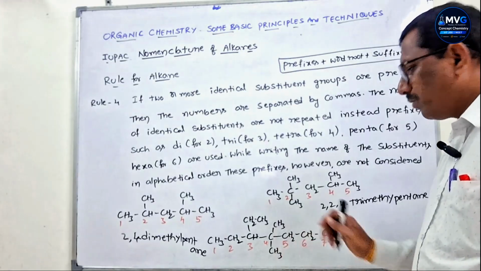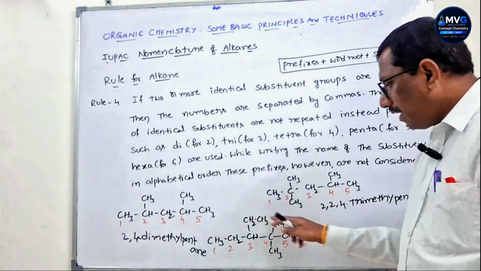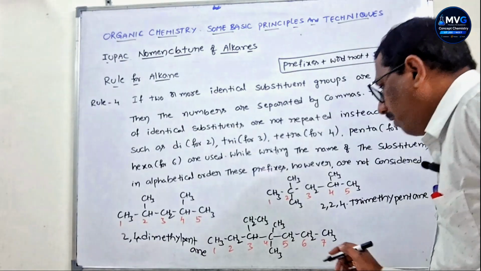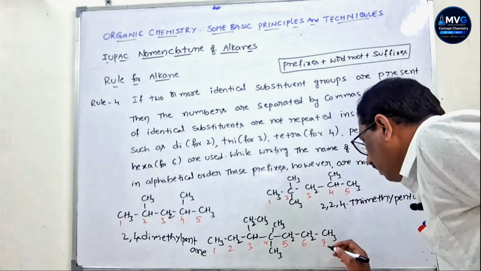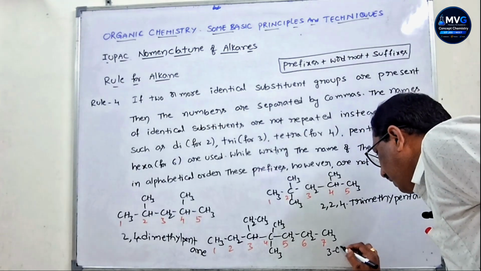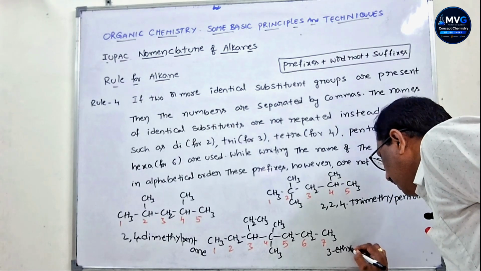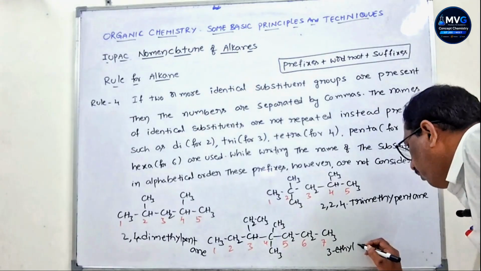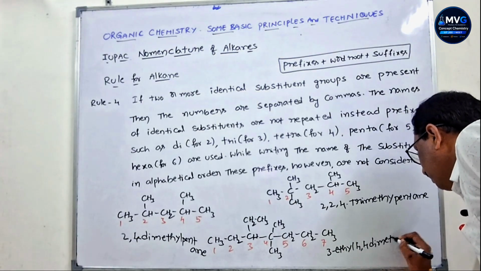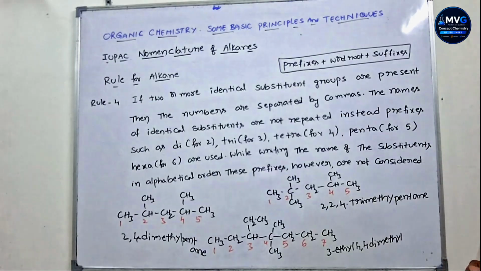Fourth position 2 methyl groups are there. Ethyl, methyl, that we will follow in the alphabetical order. Now the name for this compound: 3 ethyl, 4, 4 dimethyl.